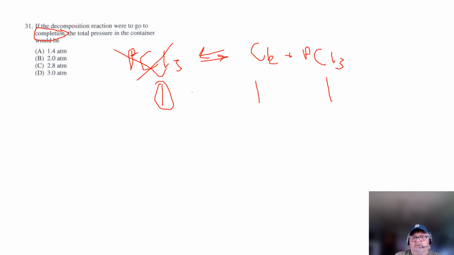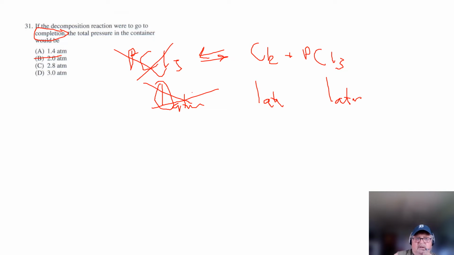We're assuming that the number of moles is related to the amount of pressure. If this started out with 1 atmosphere, it would have to be 0 atmospheres of this at the end, 1 atmosphere here, and 1 atmosphere here, or 2 atmospheres.